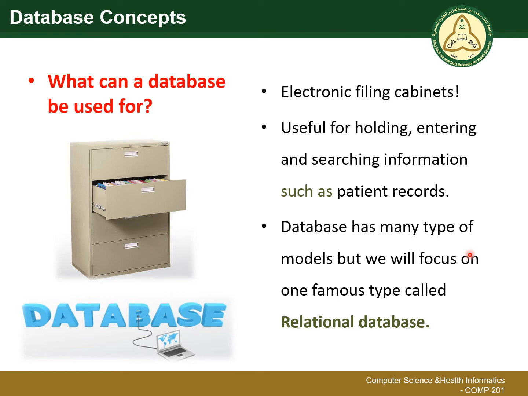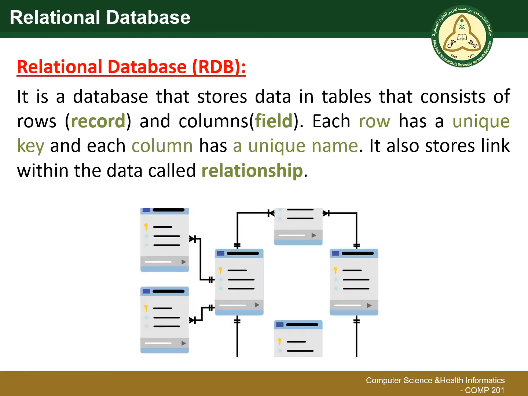It can be useful for holding, entering, and searching information such as patient records. And databases have many types of models, but in this lecture we will focus on one famous type. It's called the relational database. In the relational database model, the data is organized in two-dimensional tables, and the relationship is maintained by storing a common field.